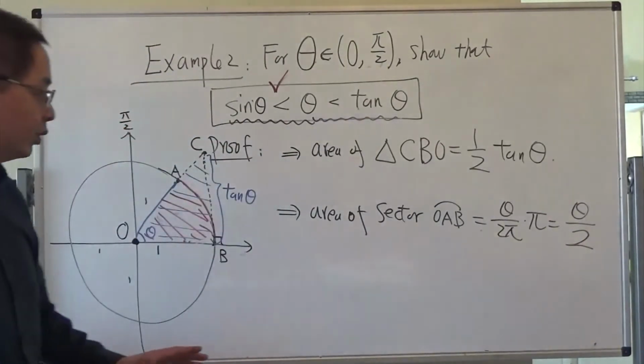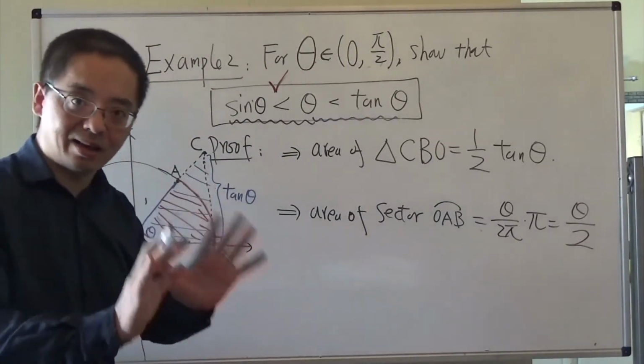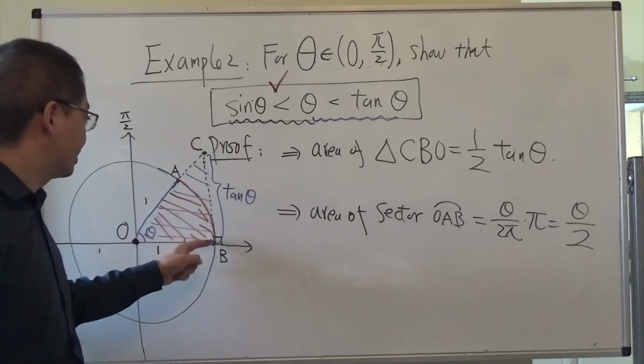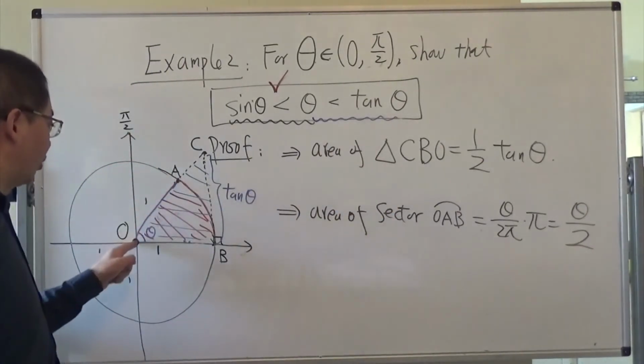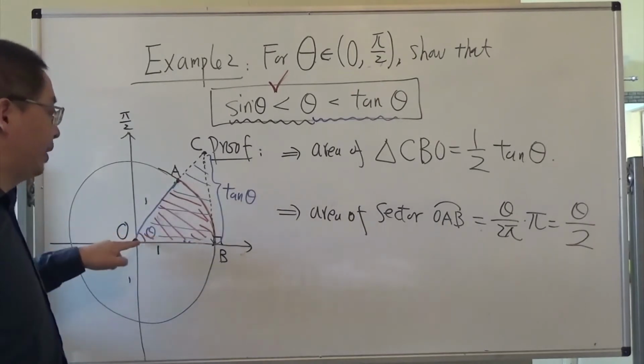We know theta itself represents the arc length, and theta over 2 equals the area of the sector OAB.